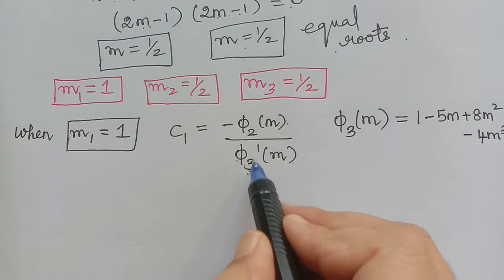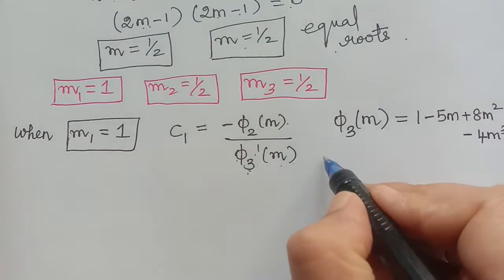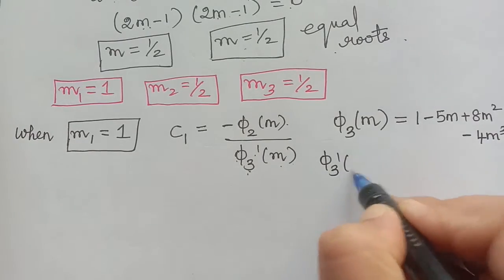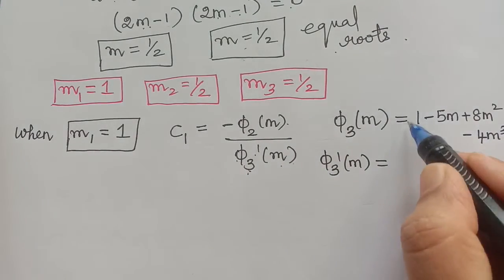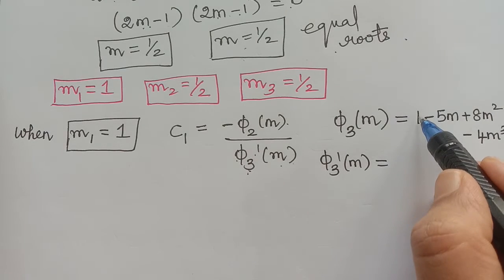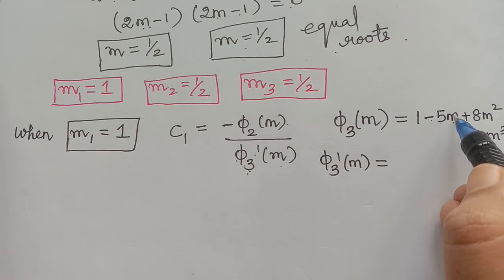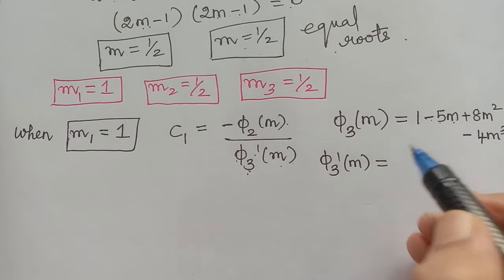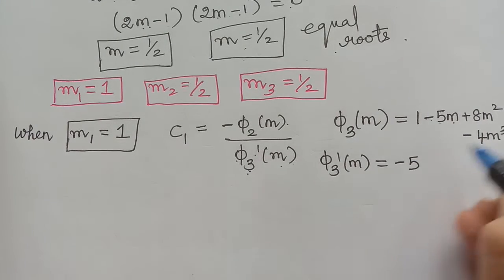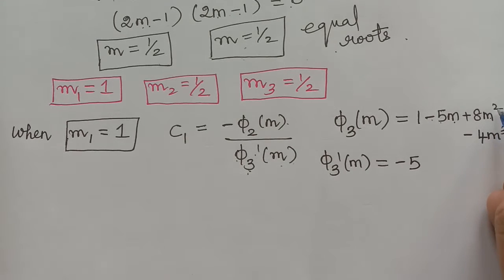Now we need phi 3 dash of m in the denominator. So what is phi 3 dash of m from this? We have to differentiate this. So differentiation of 1 is 0 and differentiation of minus 5m, we know that the differentiation of m is 1 and so it will be minus 5. Plus 8 multiplied with the differentiation of m square, which is 2m.